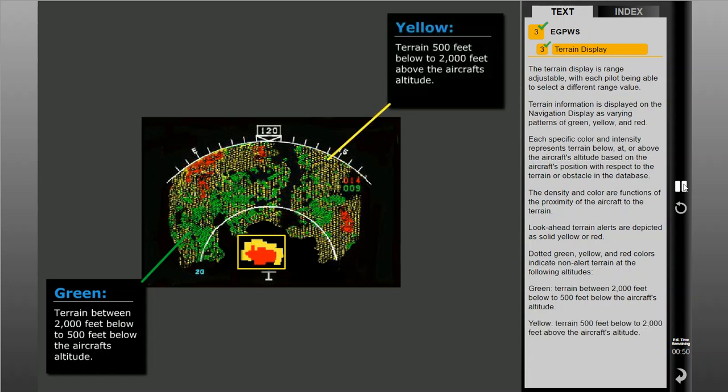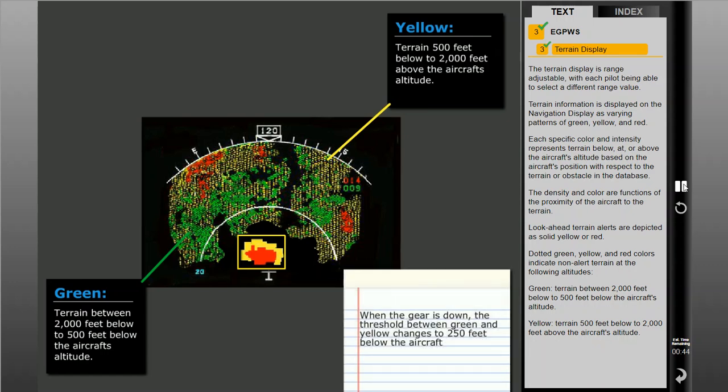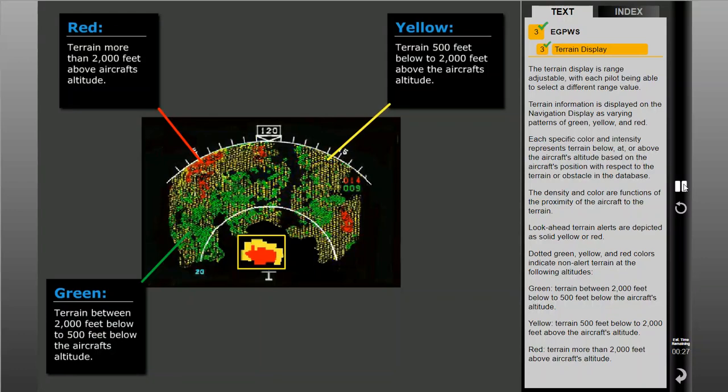Yellow, terrain 500 feet below to 2,000 feet above the aircraft's altitude. Red, terrain more than 2,000 feet above the aircraft's altitude.